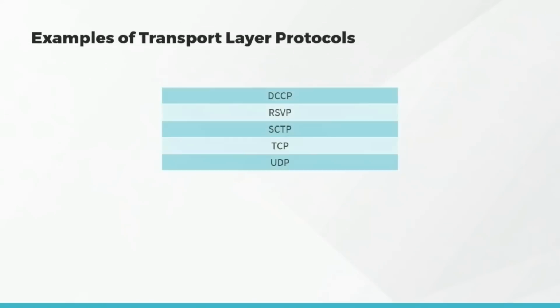The transport layer protocols include the Datagram Congestion Control Protocol, the Resource Reservation Protocol, the Stream Control Transmission Protocol, but much more commonly, the core protocols used in the transport layer are TCP, the Transmission Control Protocol, and UDP, the User Datagram Protocol. And they define how packets are sent.